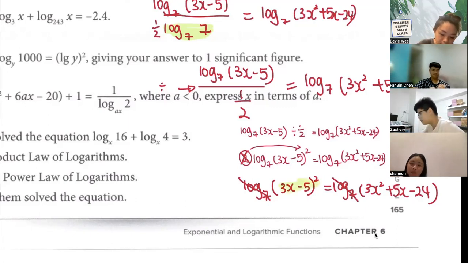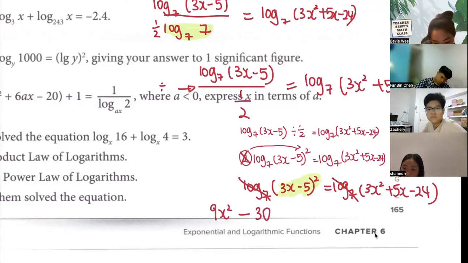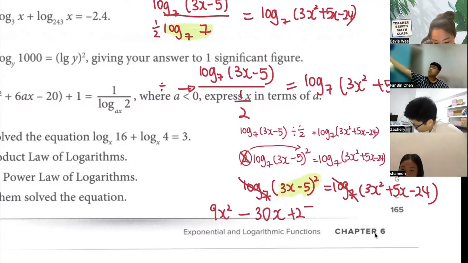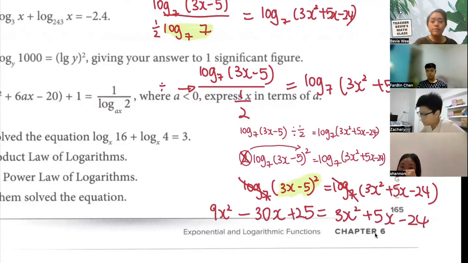Okay, this is a special identity. It gives me a squared minus 2ab plus b squared equals 3x squared plus 5x minus 24. Everything shift to one side, solve for your two values of x.